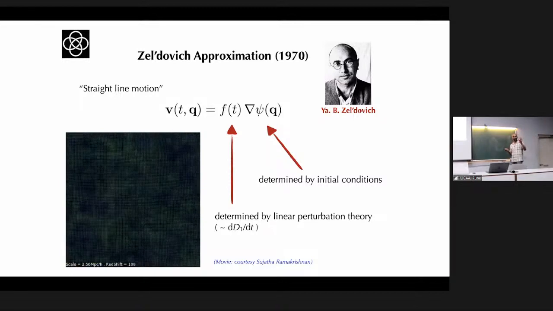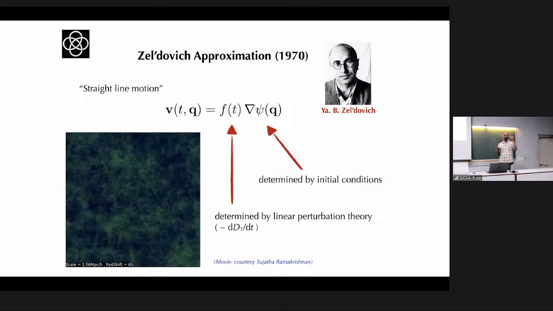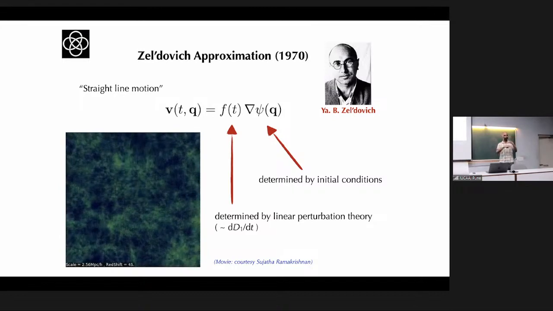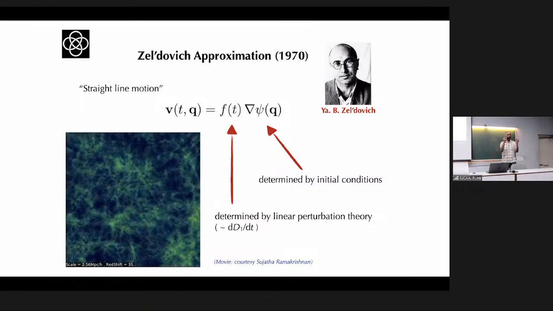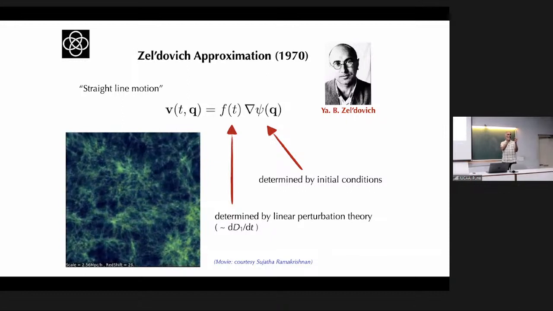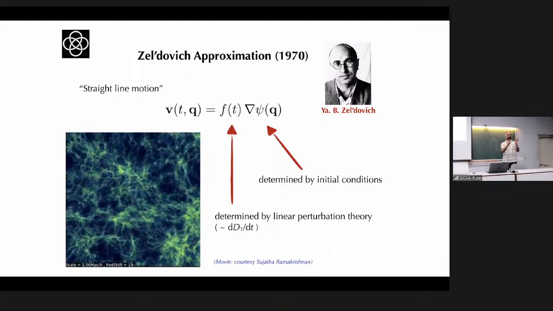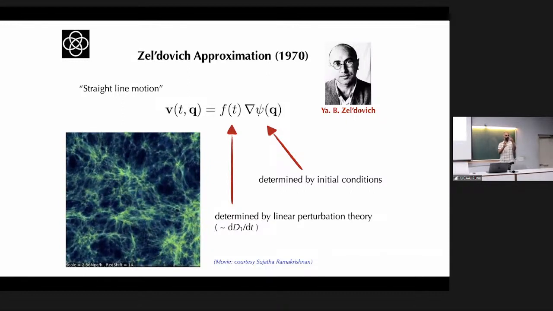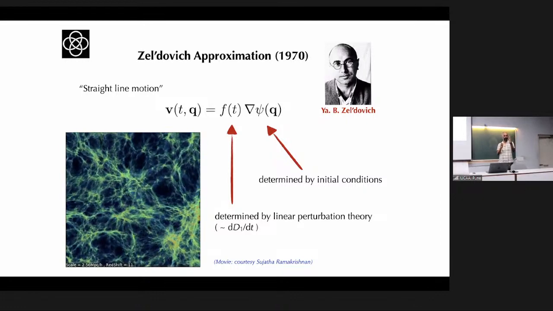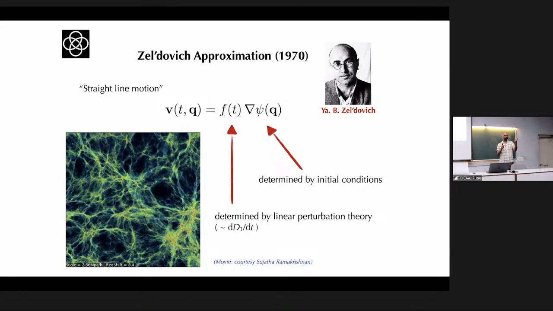So that tells you that the pattern there is actually just, its origins are very simple. It is just a Gaussian random field in which you have to move particles according to linear theory. Okay, so there are two critical ingredients here. One is the Gaussian random field, and the other is linear theory velocities. Okay, this is already enough to produce the pattern.